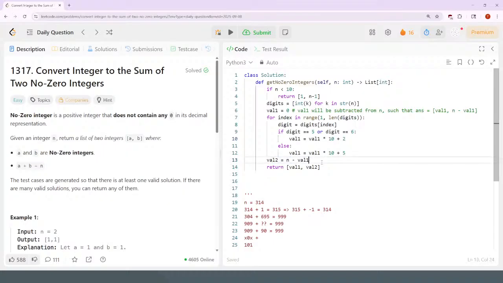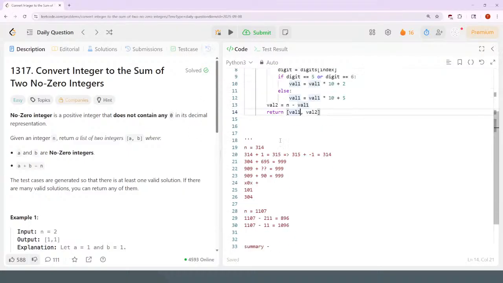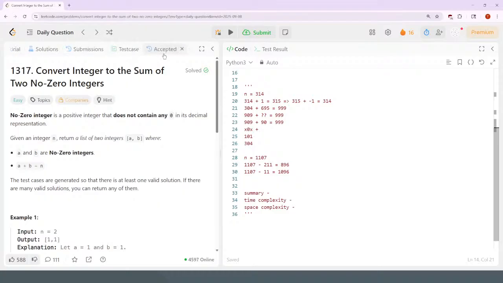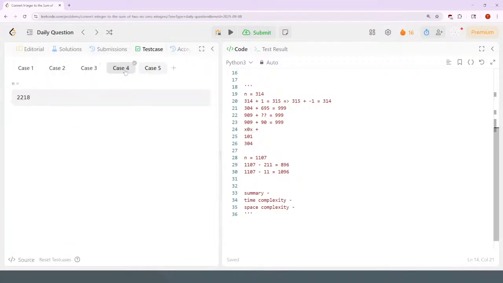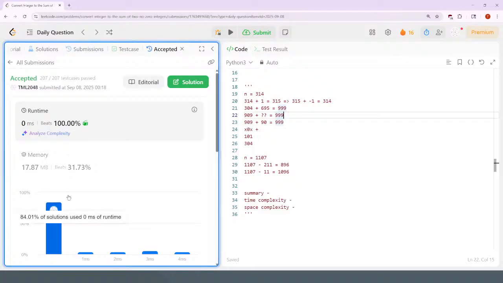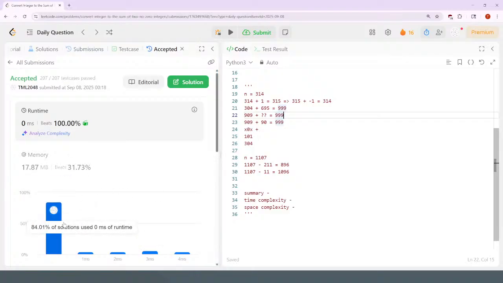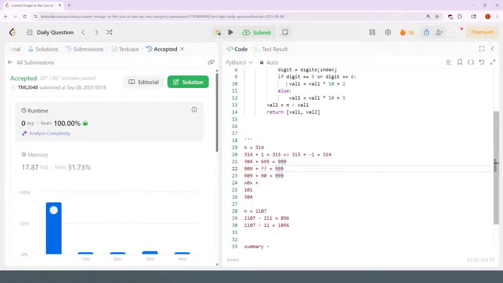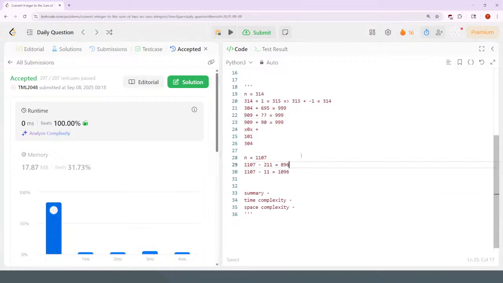Then value 2 is n minus value 1. Return value 1, comma value 2. That pretty much works for all the weird test cases that I failed at. And assuming that most people used a kind of constant way of doing this, it's the same kind of speed.